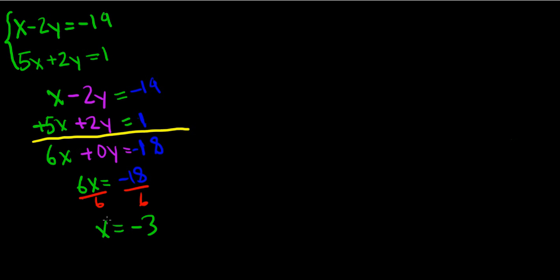So we know what x equals, so we can take the x value that we have and plug it back into the first equation for x. So negative 3 minus 2y equals negative 19. Now we want to solve for y, so we want to isolate the variable. In order to do that, we must start by adding 3 to both sides.